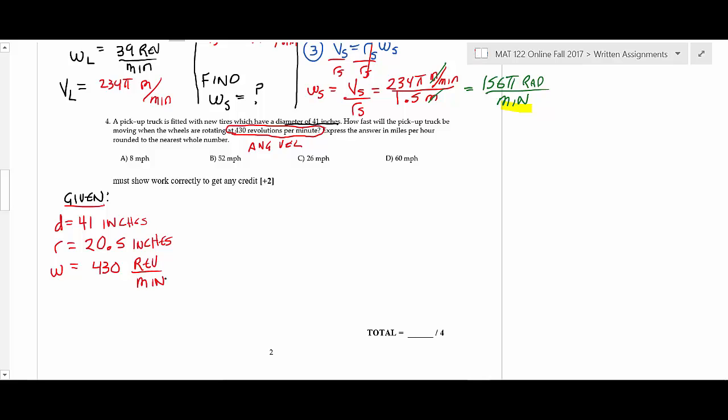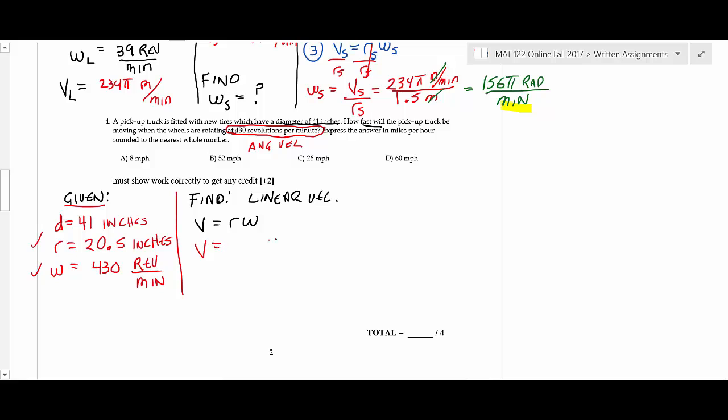Okay, so that's what we have on the problem. Now what we're trying to find, if you read the problem, is how fast the truck will be moving, and that's really implying that we're looking for a linear velocity, which is v, and the formula is v equals r omega.